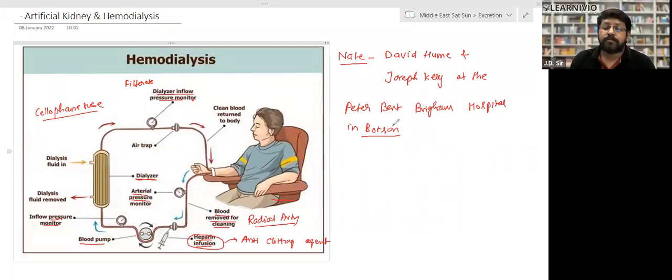Take the screenshot, and other than the human, you can make the diagram. That is also important. Put the heading: artificial kidney or hemodialysis.